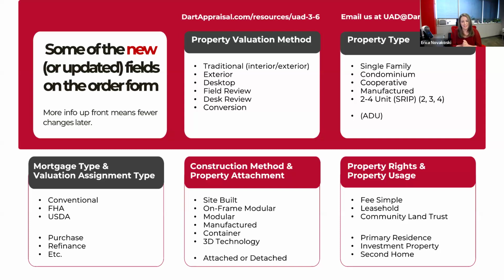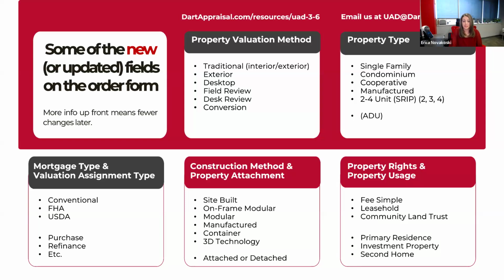And quickly, I'll say, DART Appraisal wants to ensure when you're placing a 3.6 order with us, that we provide the clarity you need to feel confident that you're selecting the right answer here. So for these new fields I'm covering and a few of the other ones on here, we'll be providing right on the order form the Fannie Mae definition for each one of these selections. Next field to look at is property attachment.